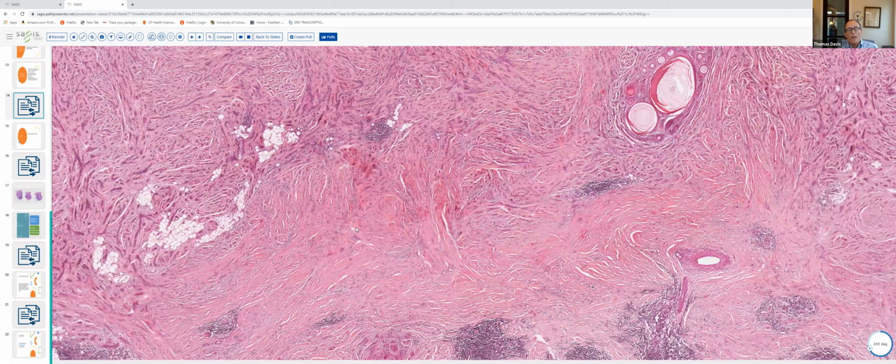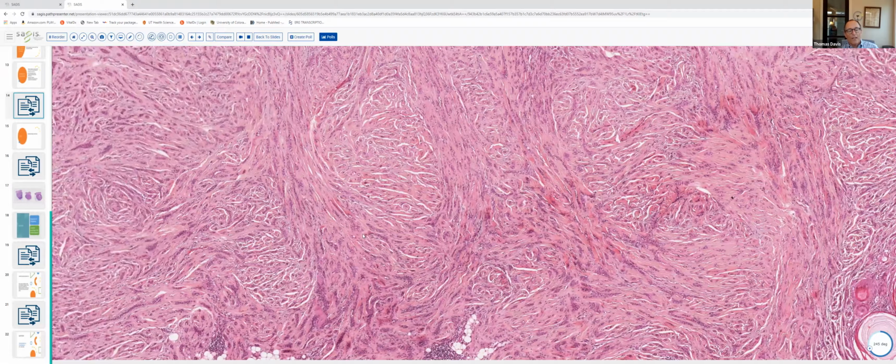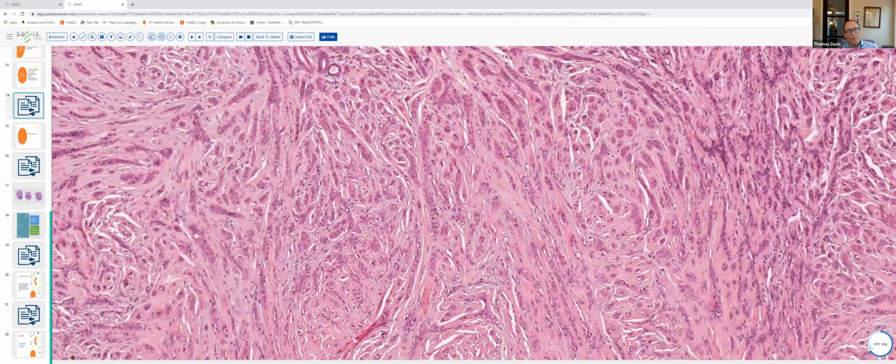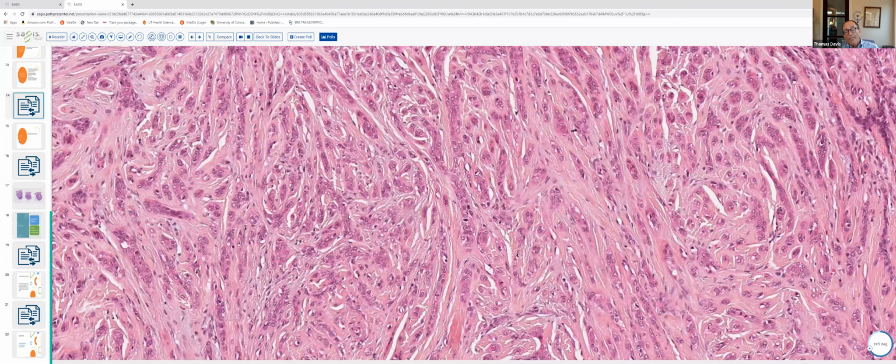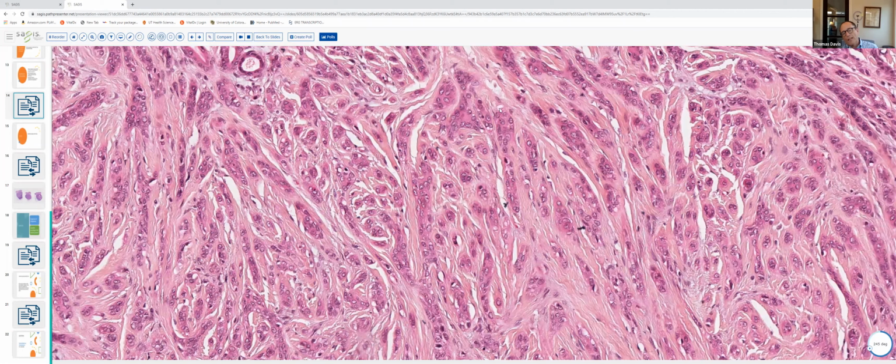If we take a look at the cells making up this tumor, again, we can see we've got epithelial cells, and they really have an appearance. The tumor aggregate's not too dissimilar from that of the desmoplastic trichoepithelioma. We've got these cords and strands of epithelial cells.